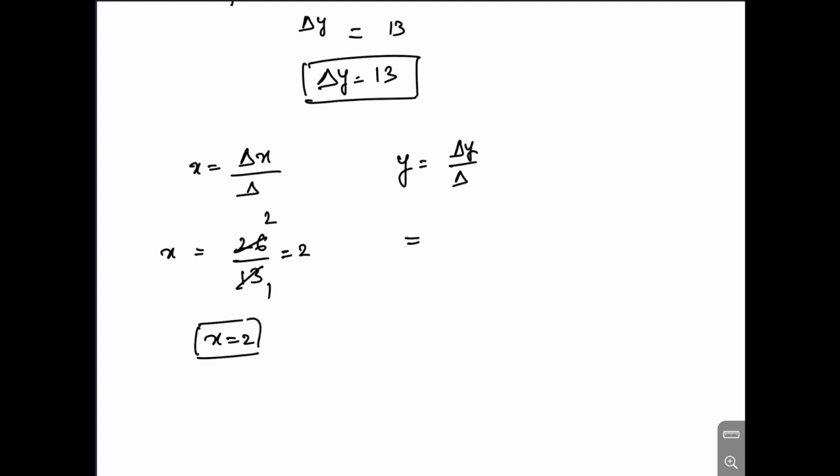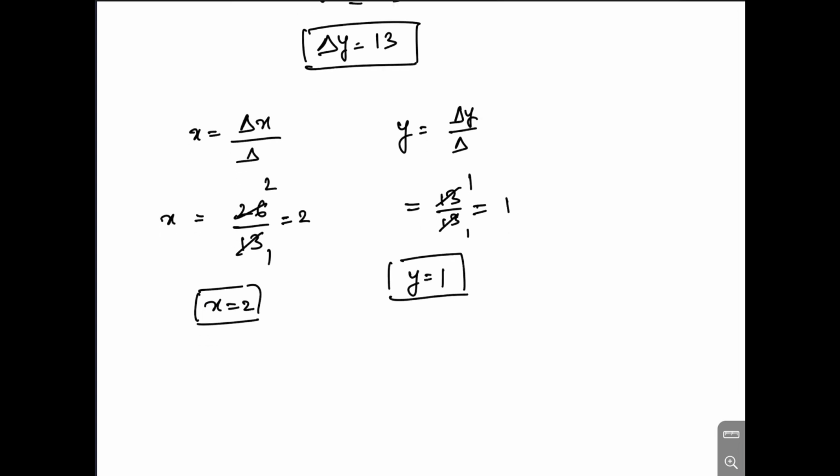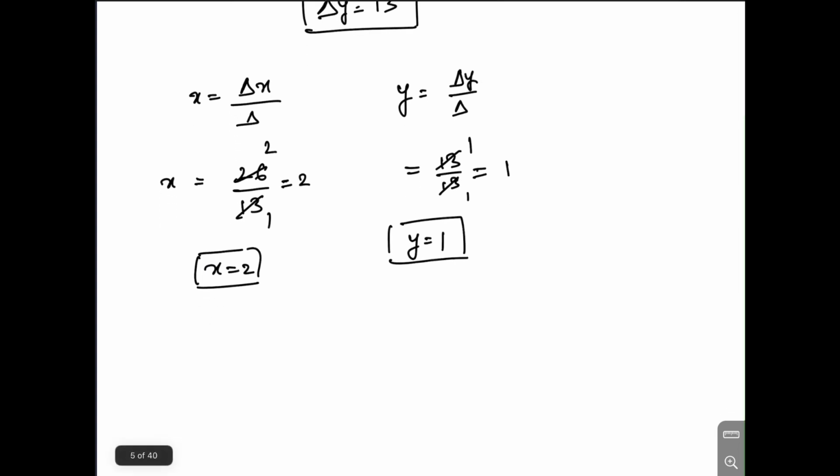Similarly, y equals delta y, which is 13 divided by 13. 13 ones are 13, which gives 1. So y equals 1. So the x value is 2 and the y value is 1.